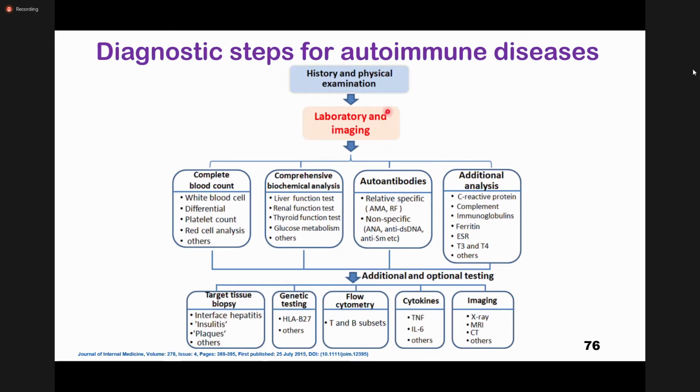There are histological and physical examinations and laboratory tests. We have different lab testing, very specific ones like autoantibodies, and additional analysis with different kinds of testing of the immune system, like immunoglobulins, okay. And then further they do additional testing for more complex diseases, okay.